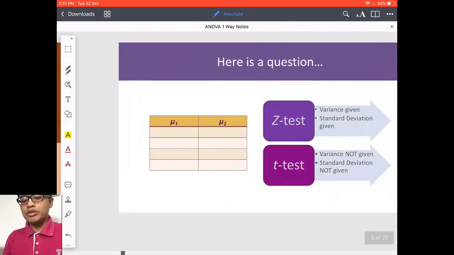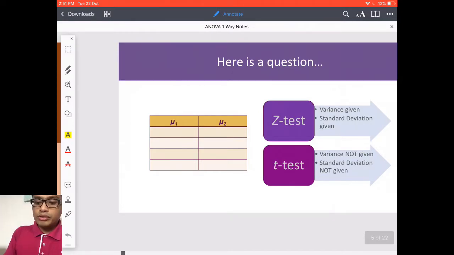What do I mean by compare between groups? Previously, we were comparing between two groups.